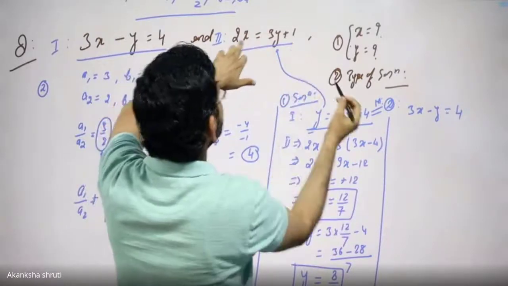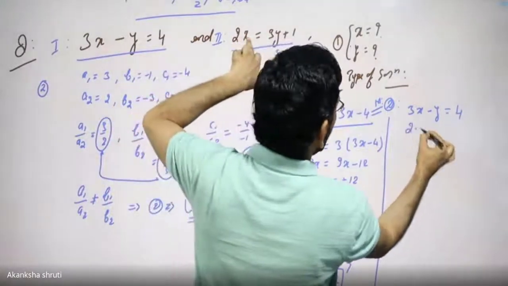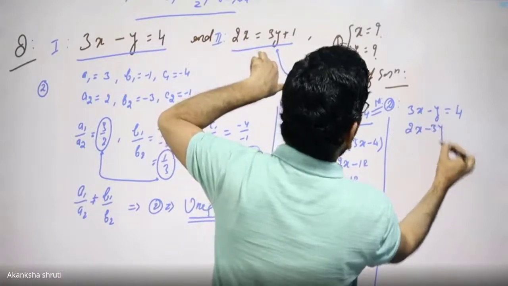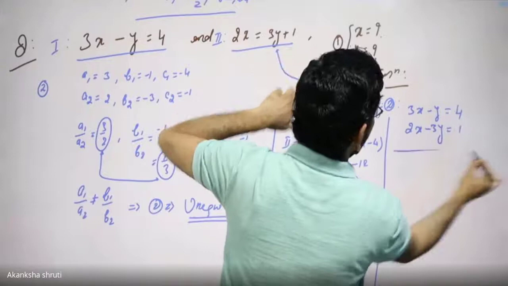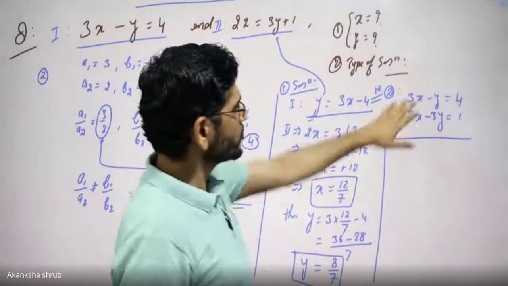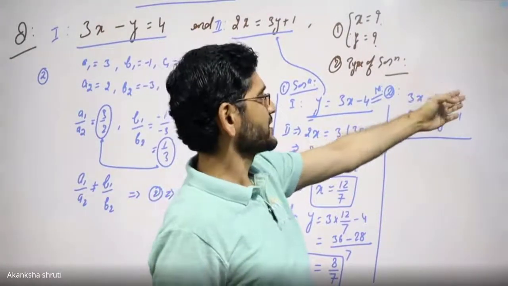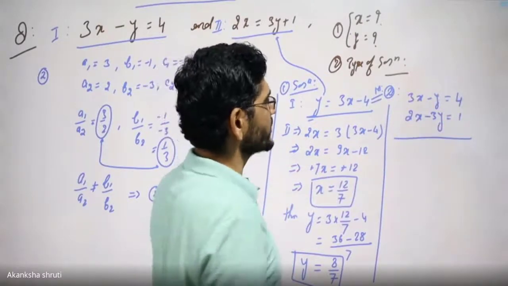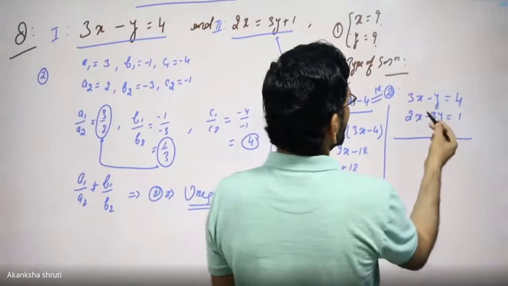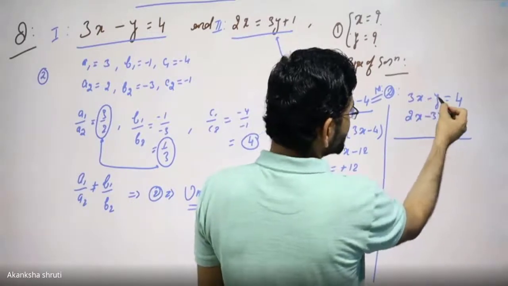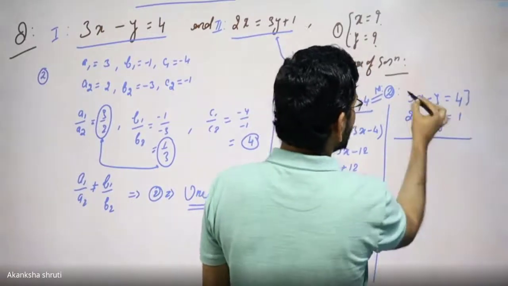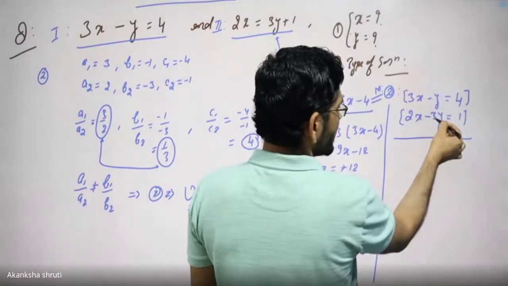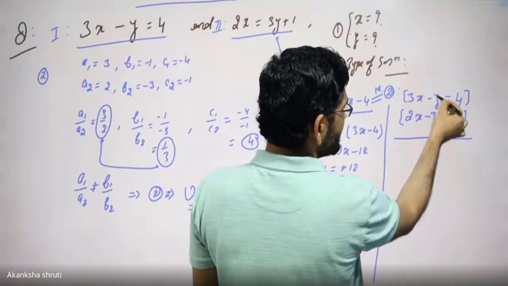So this shall be written like 2x, bring 3y to the left hand side, minus 3y is equal to 1. Then we have to do some multiplication and adjustment such that one of them gets cancelled. Student, for calculating x, y should be removed. So we have to equate their coefficients. In the second, y has minus 3, but here minus 1.